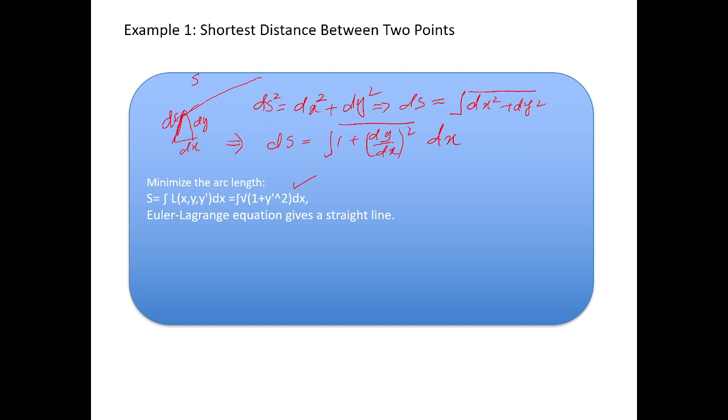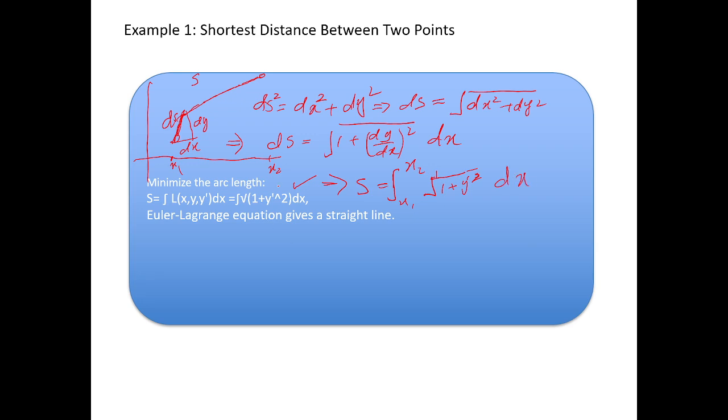There are many ds defined along the curve, and they should be added to get the total length of the curve, that is S. So when I integrate from some starting point x1 to ending point x2, on the left side I get S, and on the right side the integral from x1 to x2 of under root 1 plus y dash square dx.